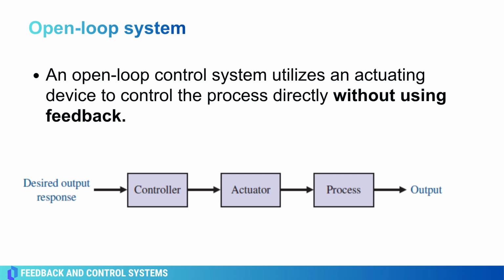So again, just remember that an open loop system processes directly without using feedback. Hence, in our block diagram, you cannot see any feedback going back to the desired output response.